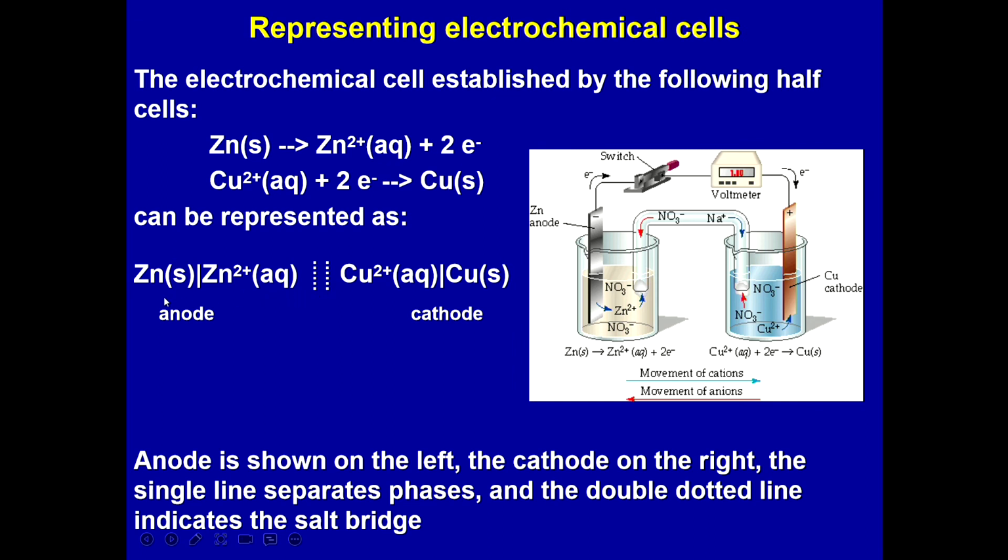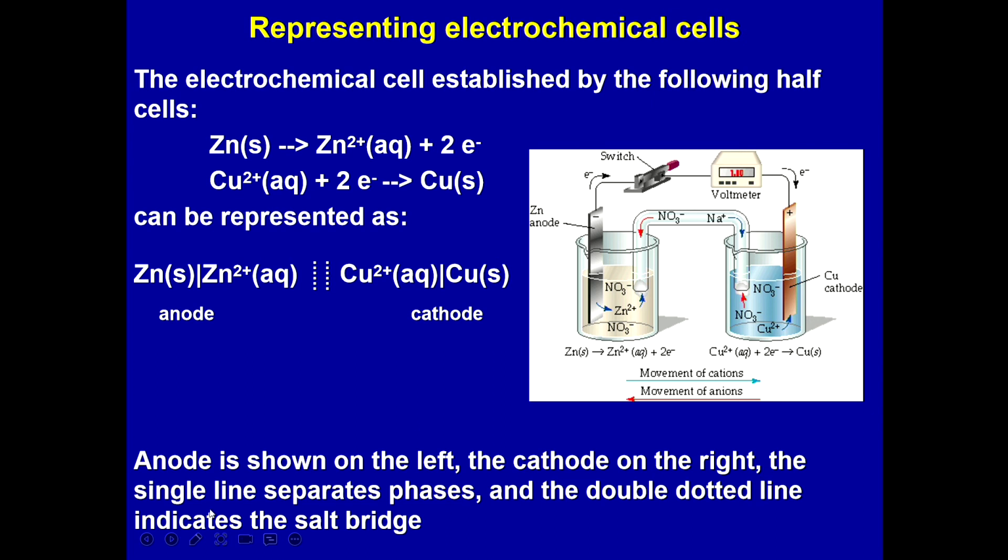You also need to write out the states of the substances. Like this is solid, this is in solution, and on this side this is in solution, this is solid. Basically, the anode is shown on the left and the cathode on the right.